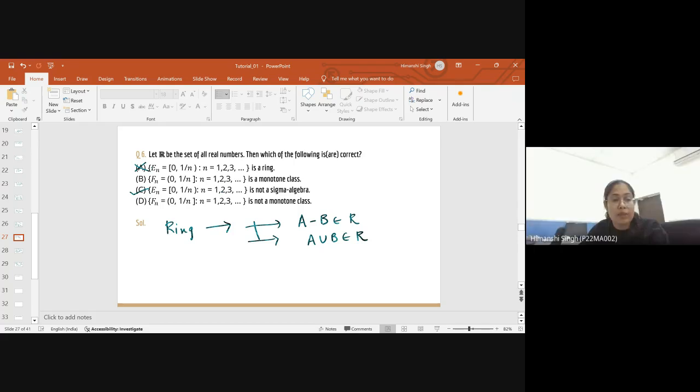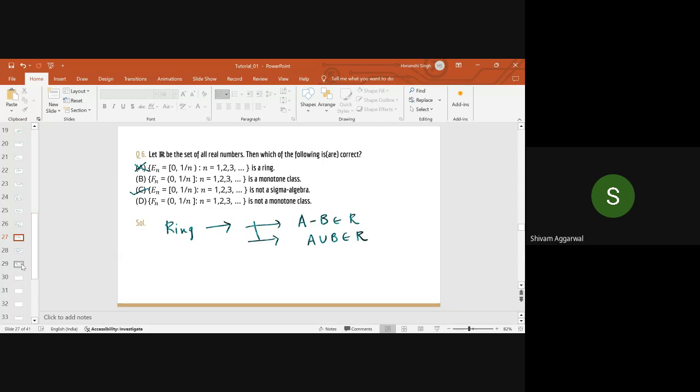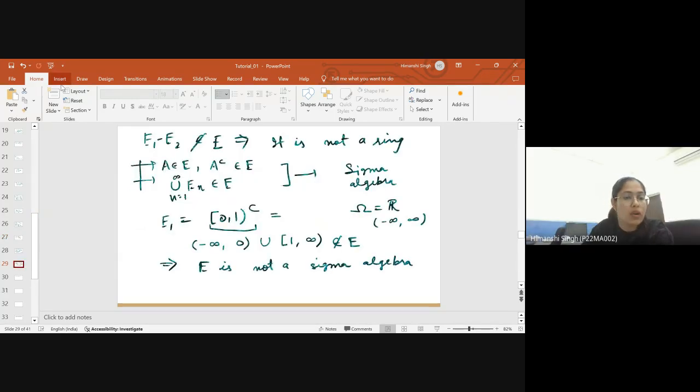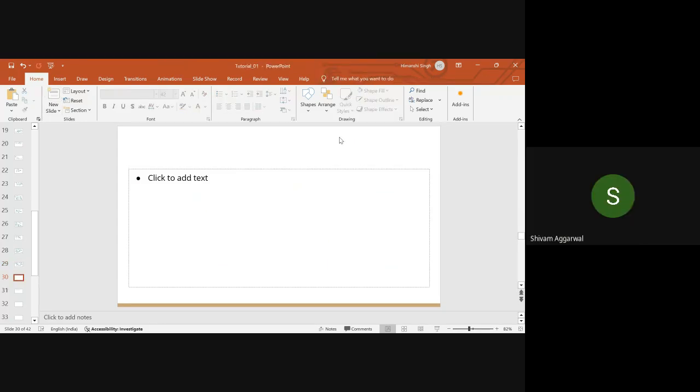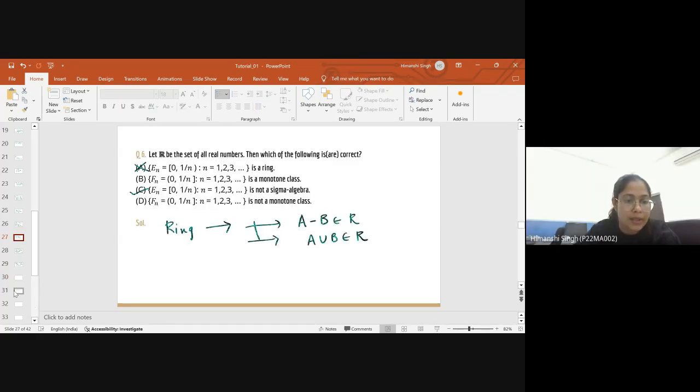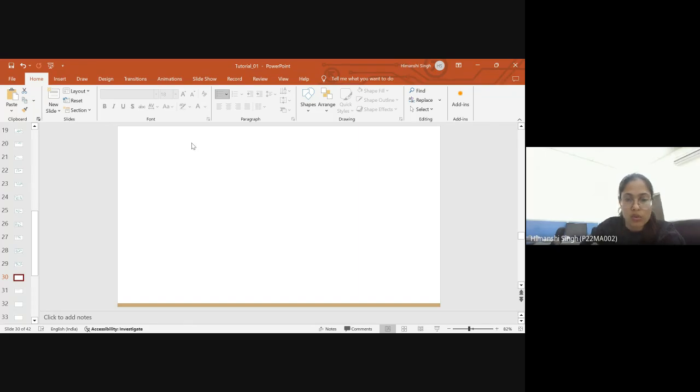Okay, so now we will be considering the collection of sets like option B. What are the elements? Elements like open 0 and closed 1 by n.